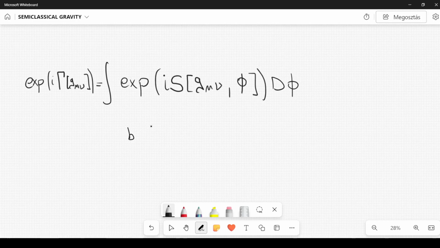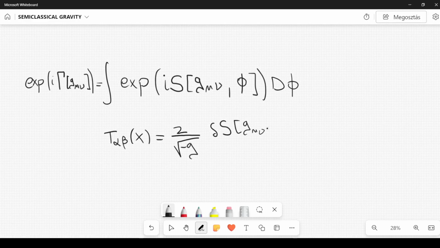Now, at this point, we can also take into account the energy momentum tensor in general relativity. T alpha beta of x is given by the following formal expression: 2 divided by the square root of minus g, and then we have the change in the action, S of g mu nu and phi, so it's this action here, and we take the variation with respect to g alpha beta, the inverse metric tensor.